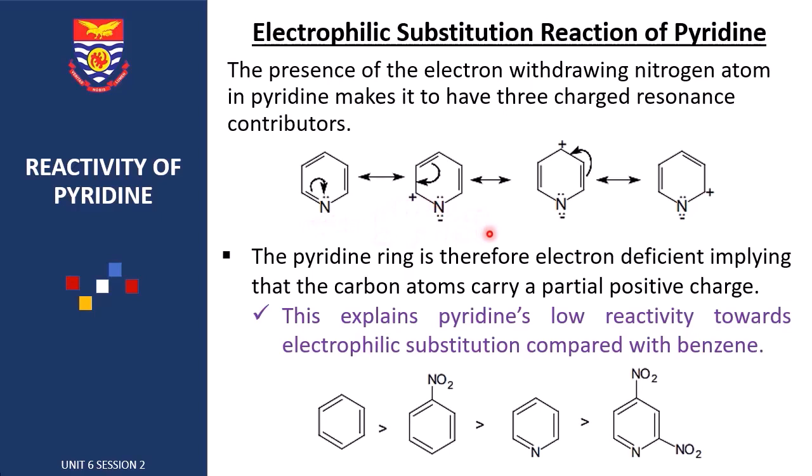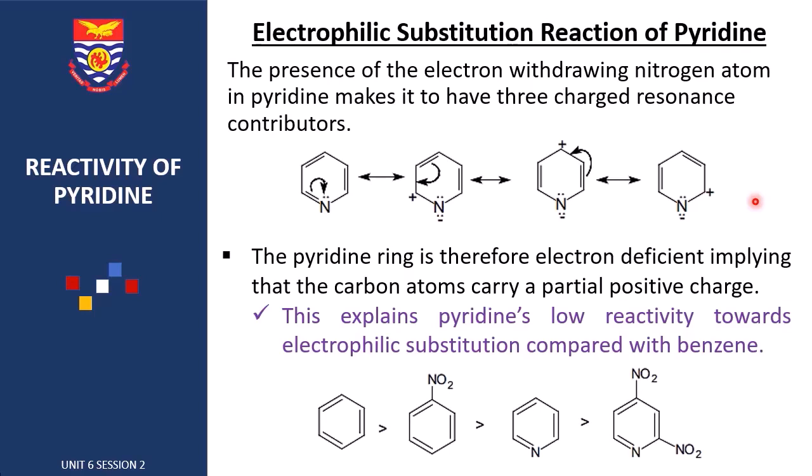Now, the pyridine ring is therefore electron deficient, implying that the carbon atoms carry a partially positive charge, just as I explained in the previous session. If you look at the resonance structures produced, realize that the carbon atoms are the ones having the positive charge. So the carbon atoms are slightly positively charged species.